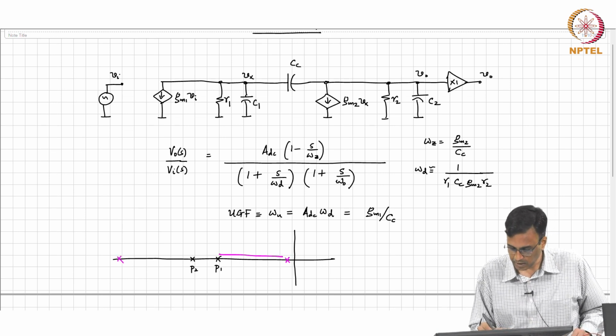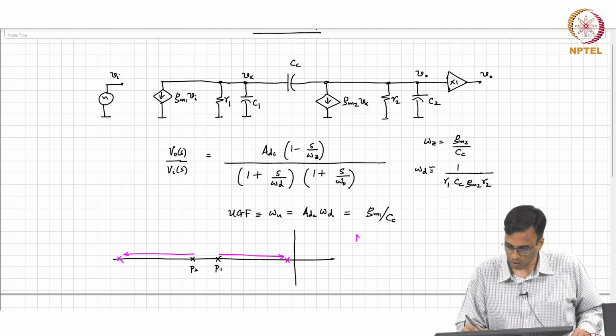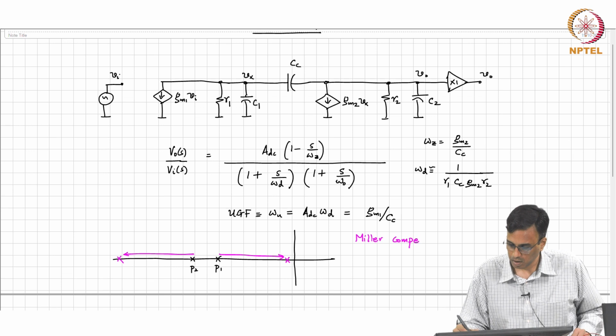So, you can see that the poles are split. So, Miller compensation is often called pole splitting compensation.